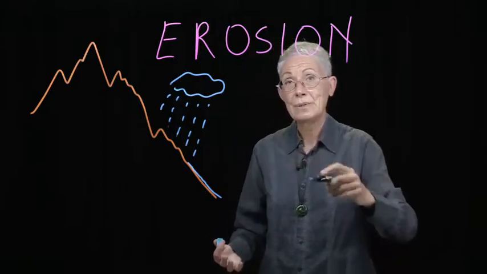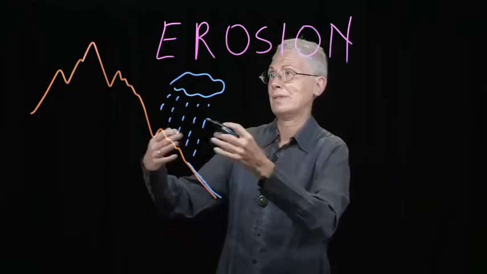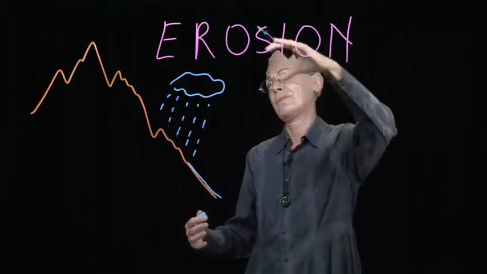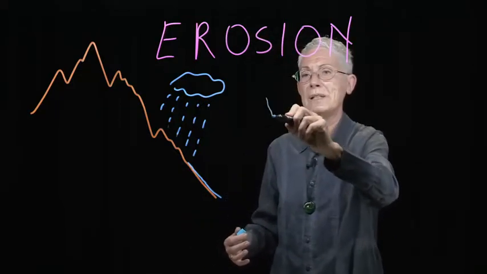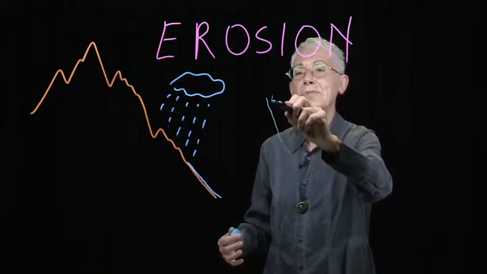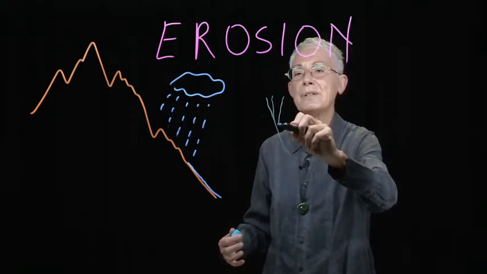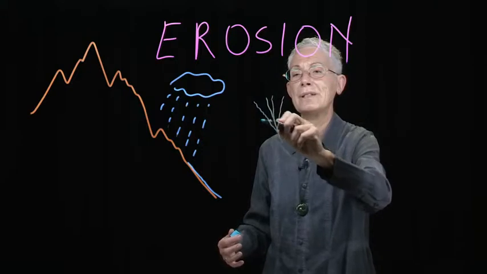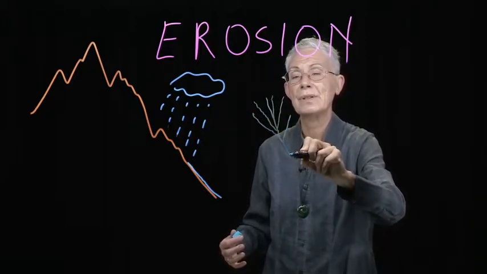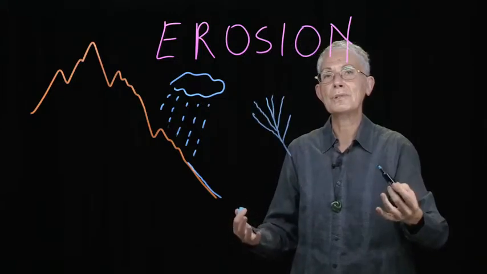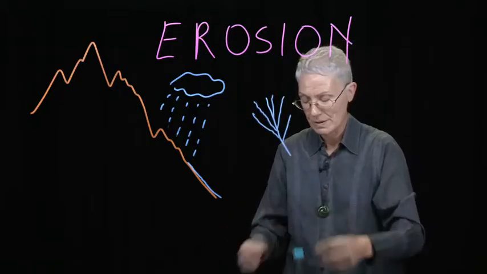So if I look, again, at a mountain, but let's think we are looking at it from up above, this would be the river, small little rivulets coming down from the mountain, and they all converge in a major valley. So they start forming what's called a drainage.